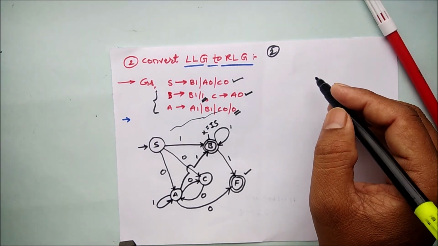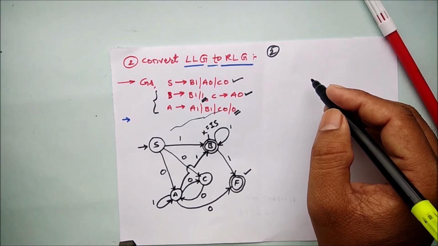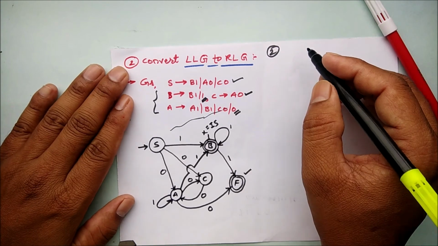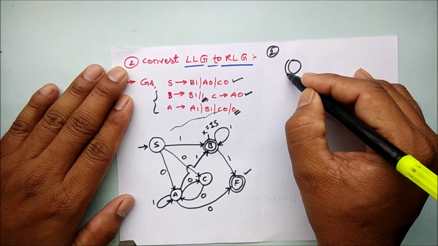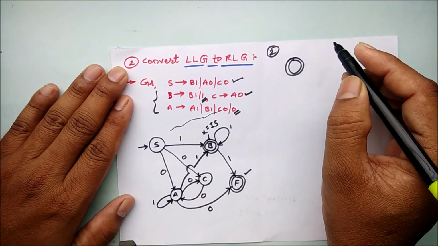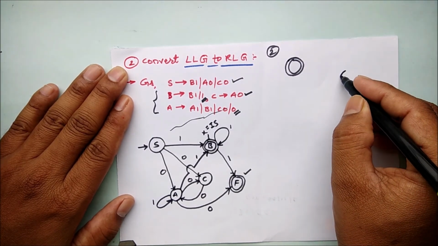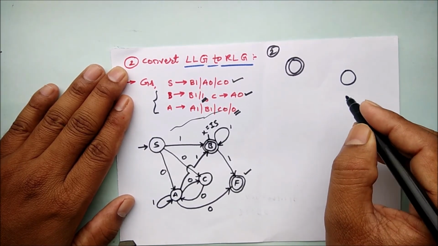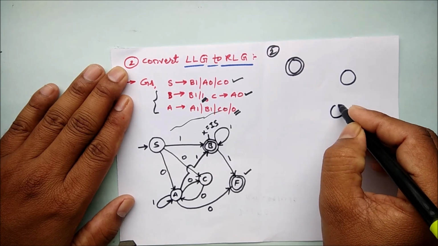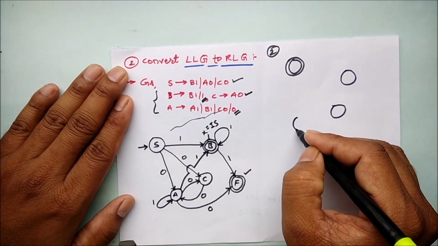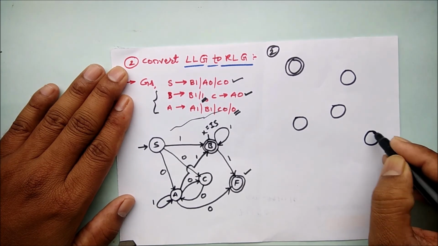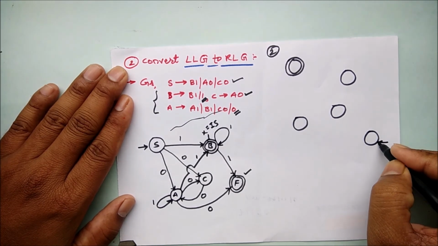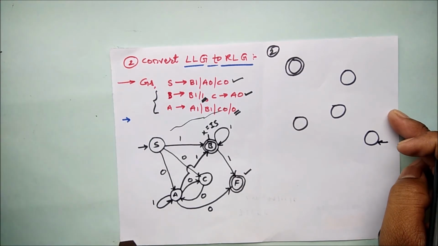All right, and now what we have to do is convert the initial state into the final state. So B is my intermediate state, C is an intermediate state, A is an intermediate state, and the F, which was the final state, becomes my initial state, right?